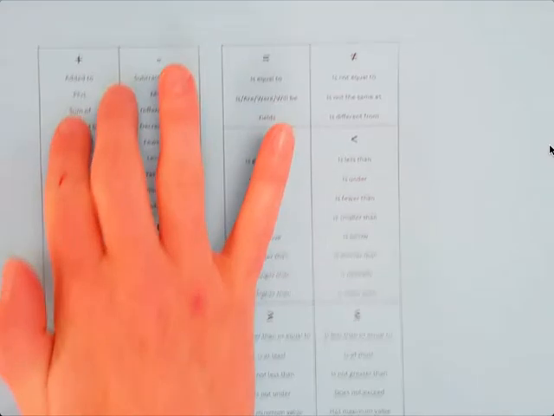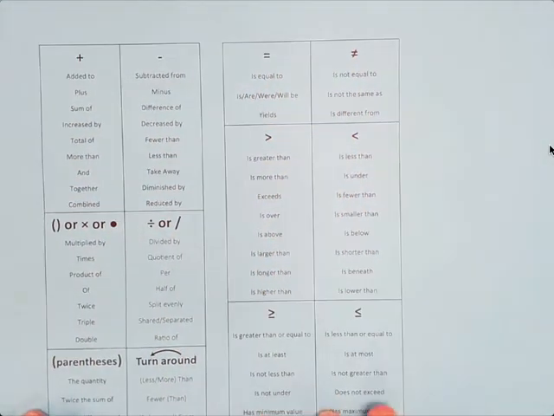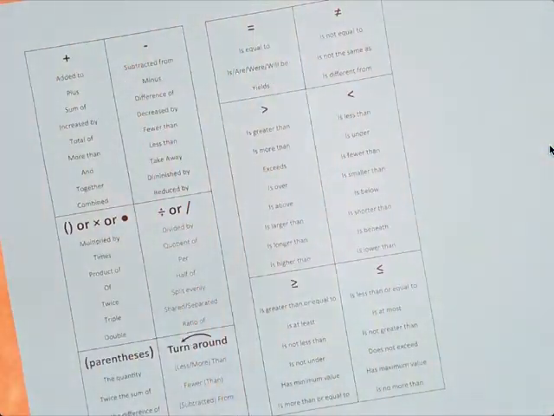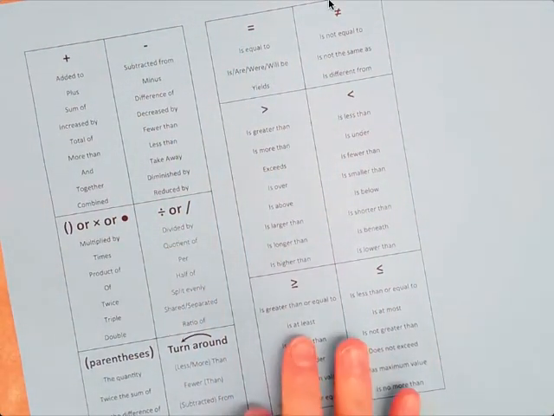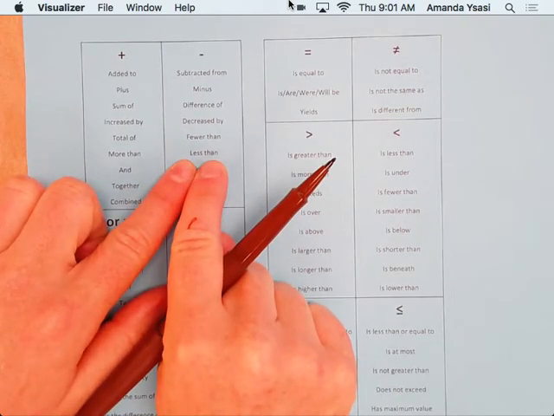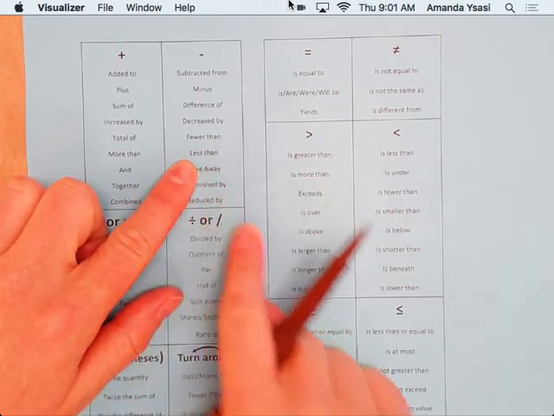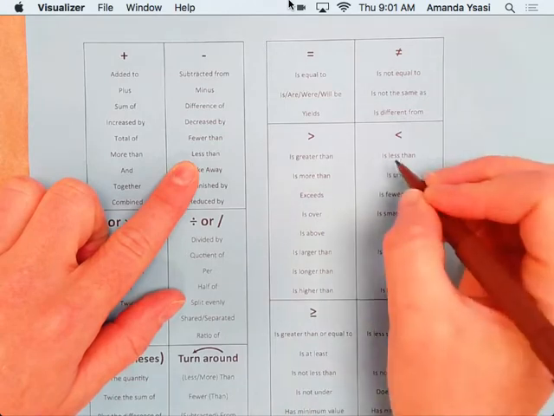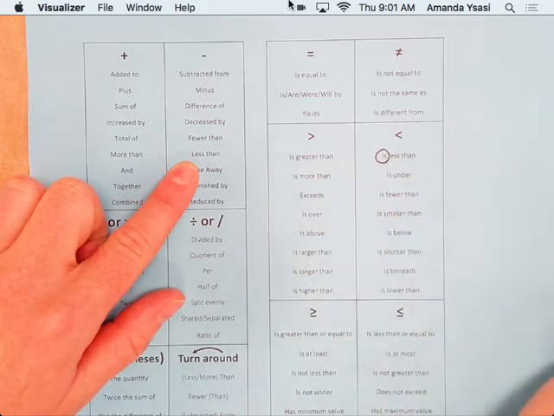So these are pretty straightforward. Something that people get confused on a lot would be anytime we say less than. Less than means subtract, but is less than means it's an inequality.